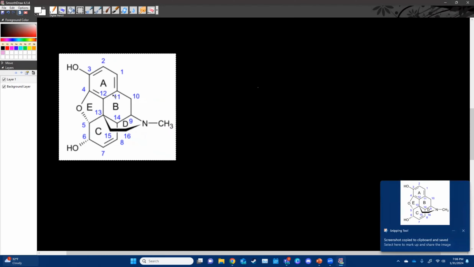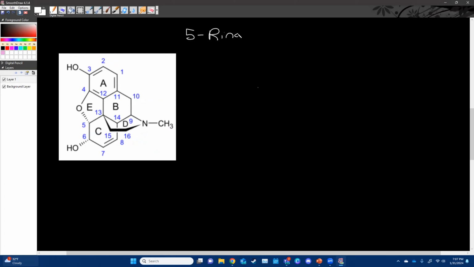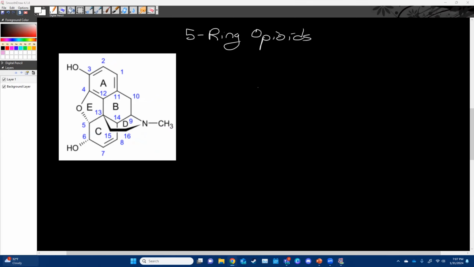All right, first things first, we have to start and look at the 5-ring opioids. The biggest thing to bear in mind about the opioids is that we have 3 different backbones depending on what group these opiates are derived from.